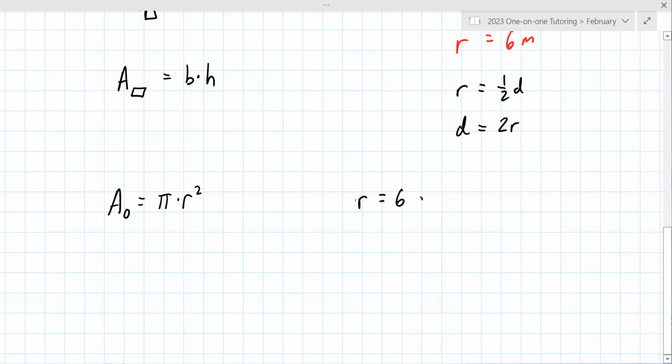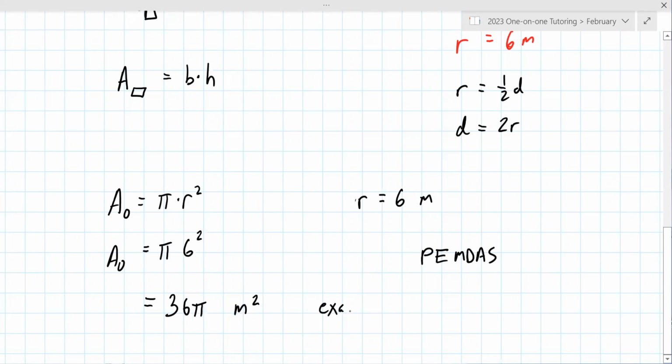If the radius is 6 meters, you're gonna square 6, and that comes from order of operations, where you do the exponent before you multiply. Oh, okay. So what is 6 squared? 36. So here's your answer: 36 pi meters squared, and this is exact.